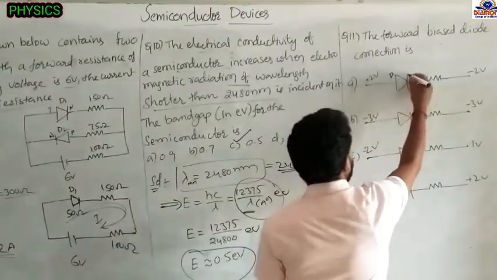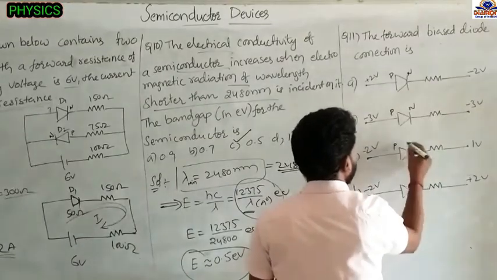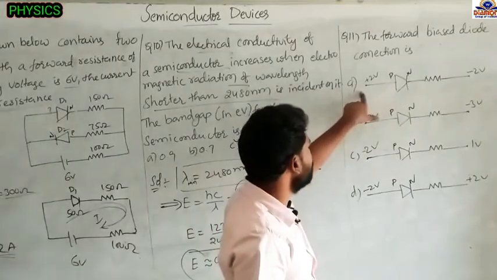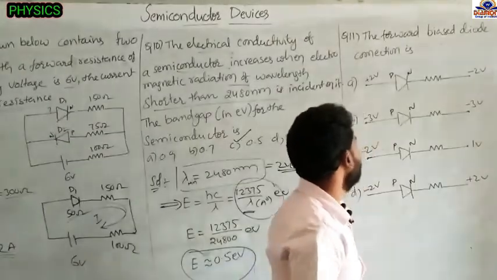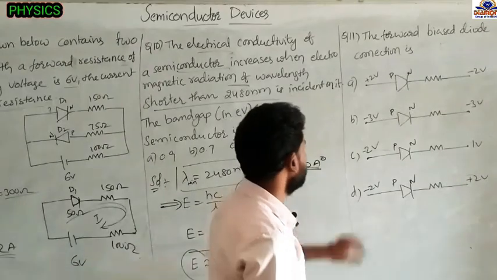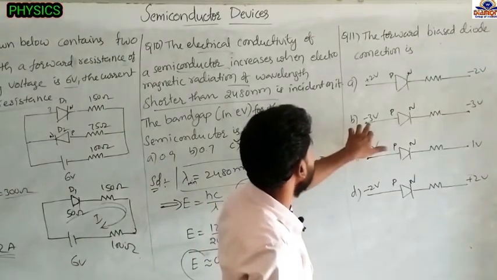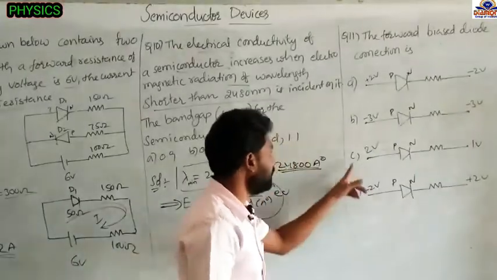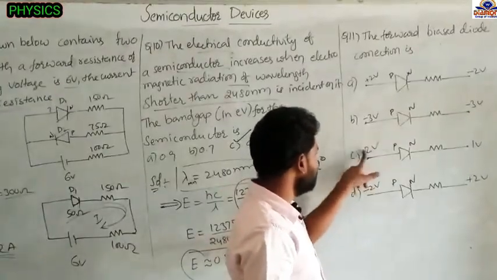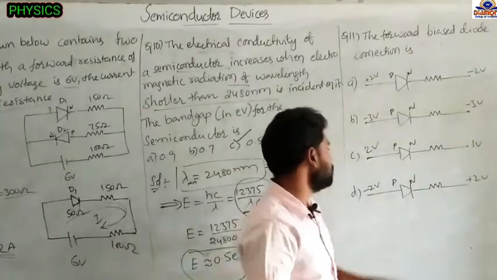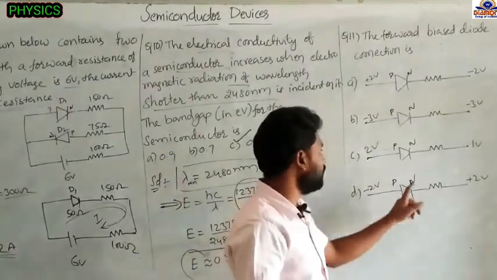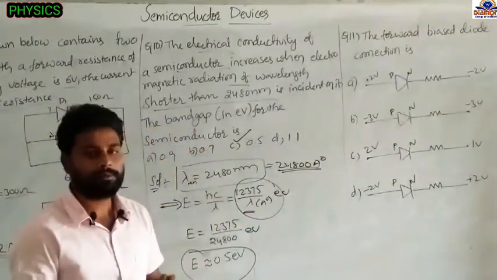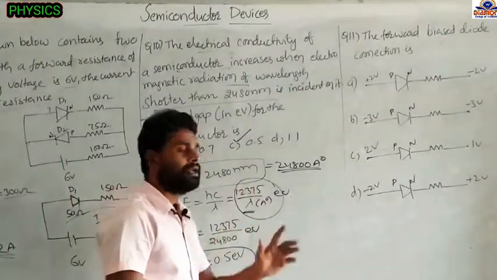This is the P and N. Here P is connected to plus 2 volt and N to minus 2 volt. Next, P is connected to minus 3 volt and N to minus 3 volt. Here P is connected to plus 2 volts and N to 1 volt, and P is connected to minus 2 volt and N to plus 2 volt. In these 4 options, we have to see in which P is connected to the high potential and N to the low potential.